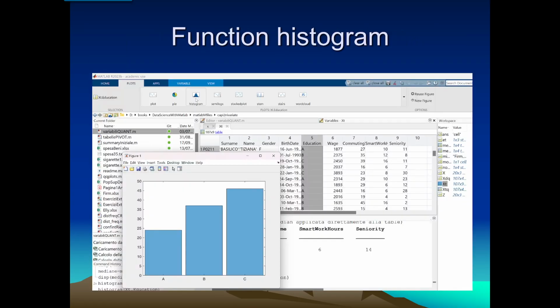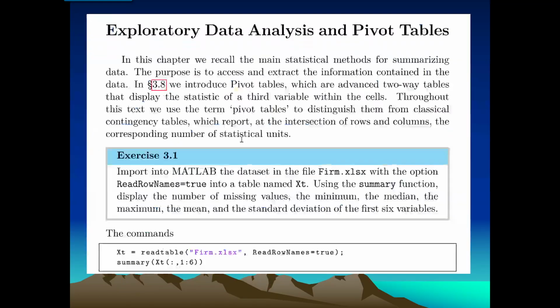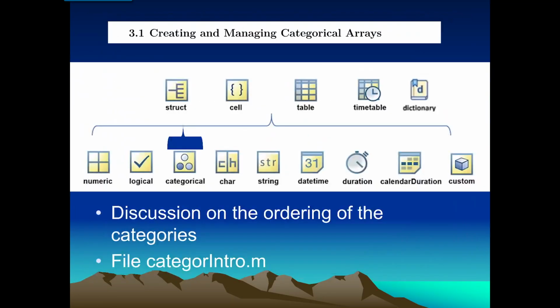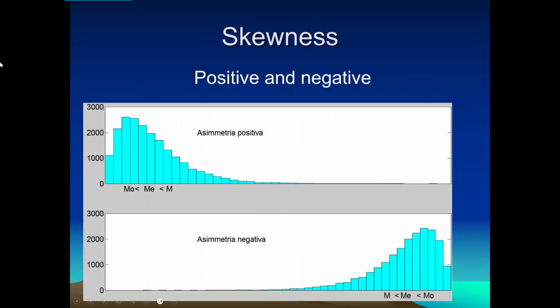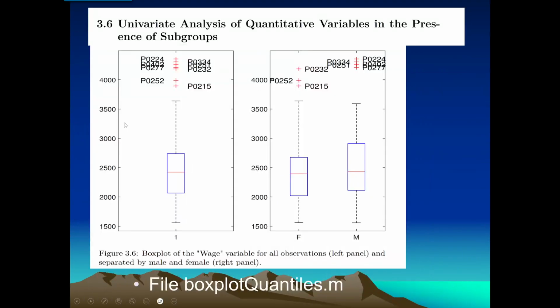So you are in the situation that we have seen before, where the mean is greater than the median, which is greater than the mode. Now, the central segment is the median, this is the third quartile, and this is the whisker, and then these are the outlying units, distinguished by gender.